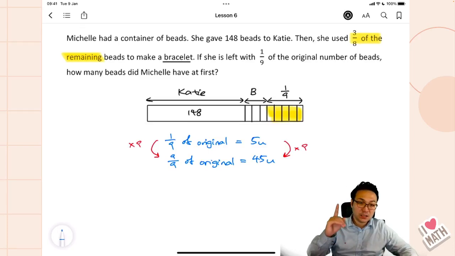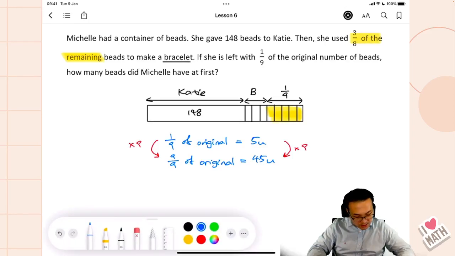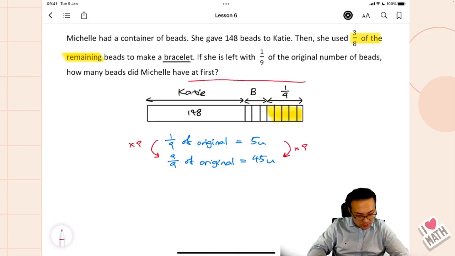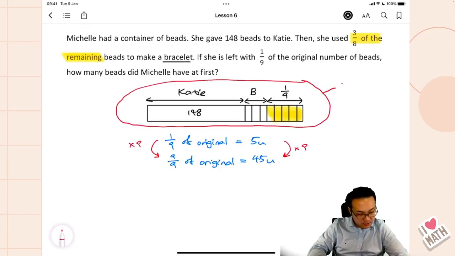So this is how many units of beads she had at first. And what else did she do? We already know that there are 8 units. Over here, we have just found that there's a total of 45 units. She actually used 8 units.